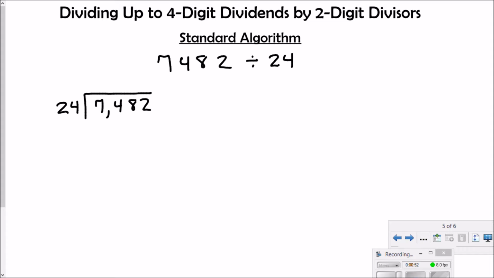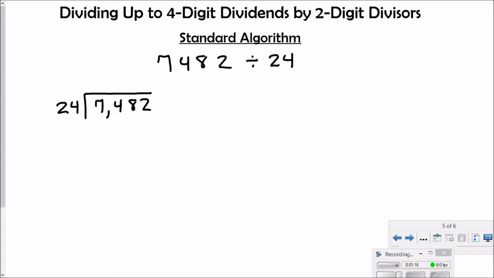Now, when I am doing long division or problems with larger numbers, what I like to do is guess and check. And my guess isn't just a random off-the-wall guess. I actually think about the numbers and the relationships between them and other numbers to help me figure out which digits to place in my quotient. So my divisor here is 24.